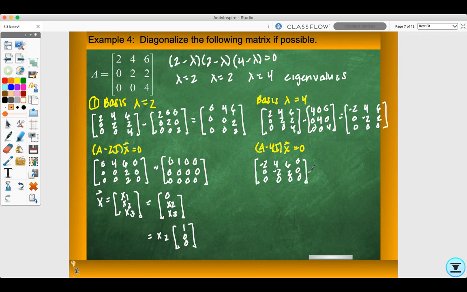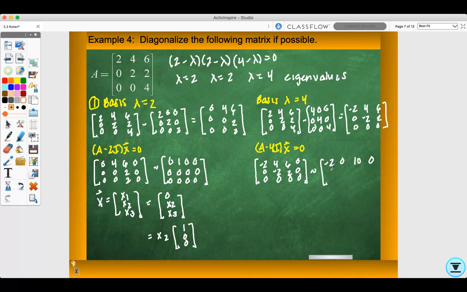And when I do this, by taking row 1 plus 2 row 2, I get negative 2, 0, 10, 0.